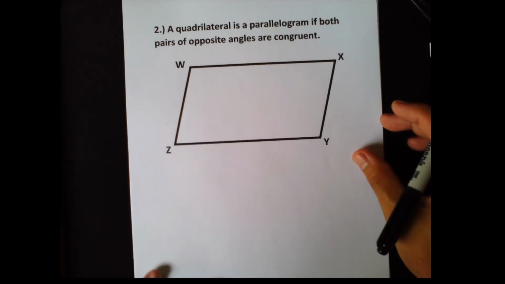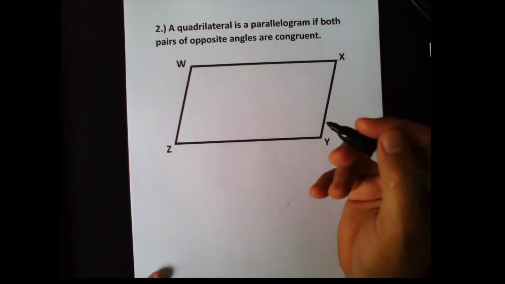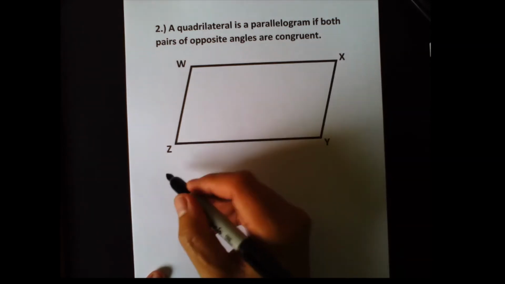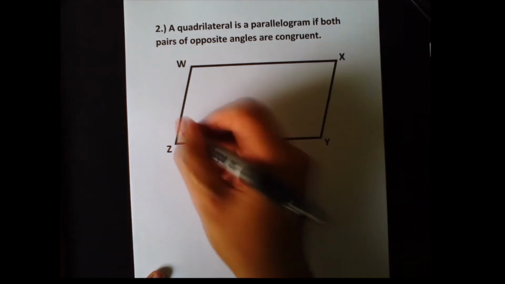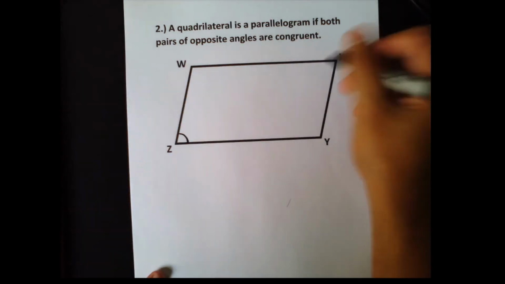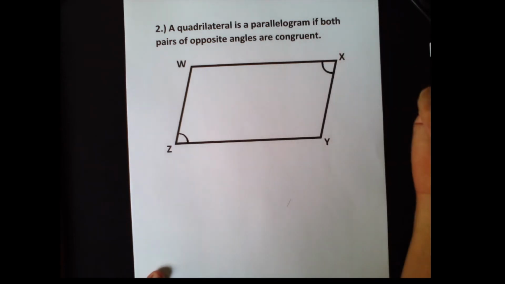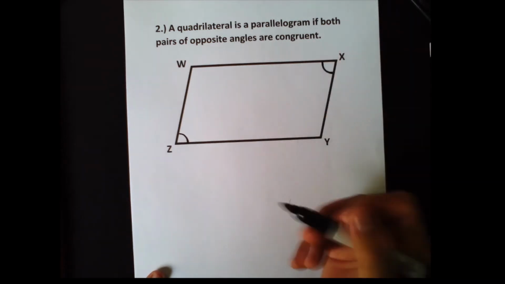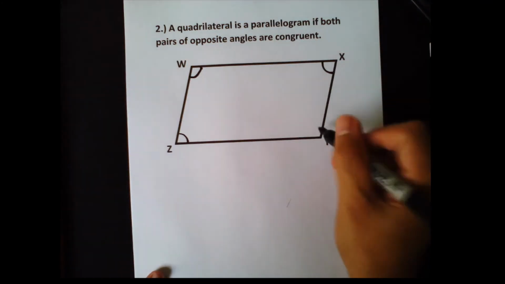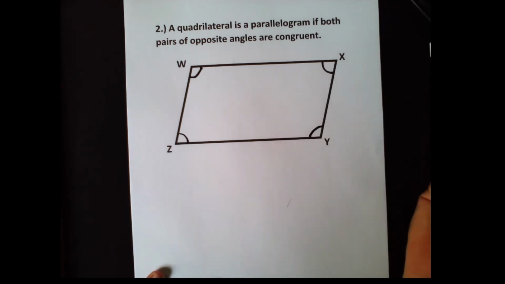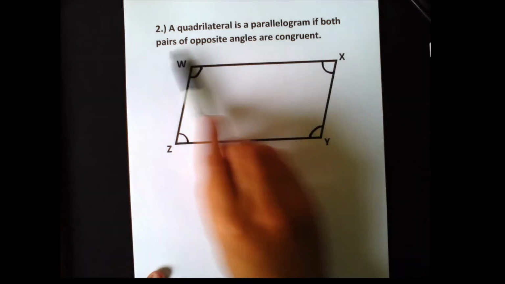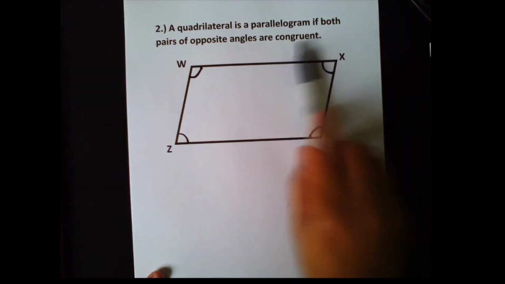Let's identify first where the opposite angles are. Here, angle Z is opposite to angle X, and angle W is opposite to angle Y. The condition says both pairs of opposite angles are congruent.